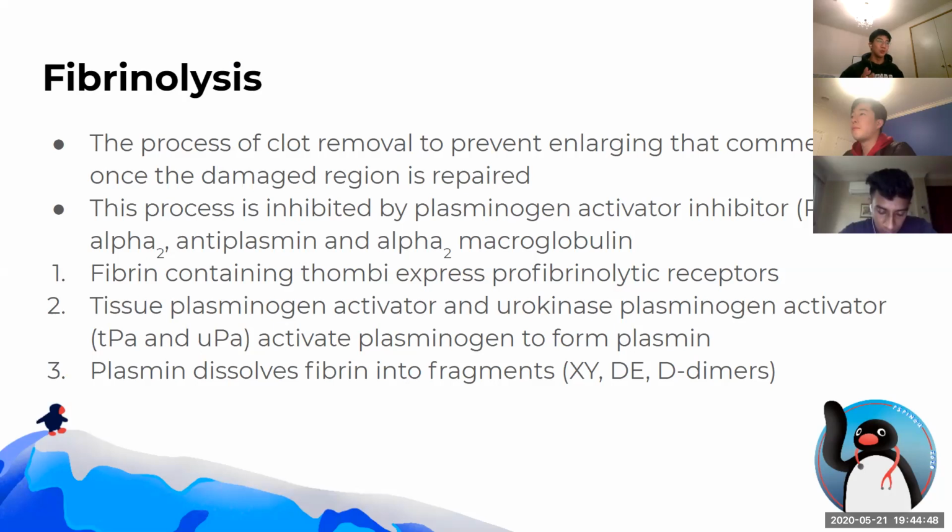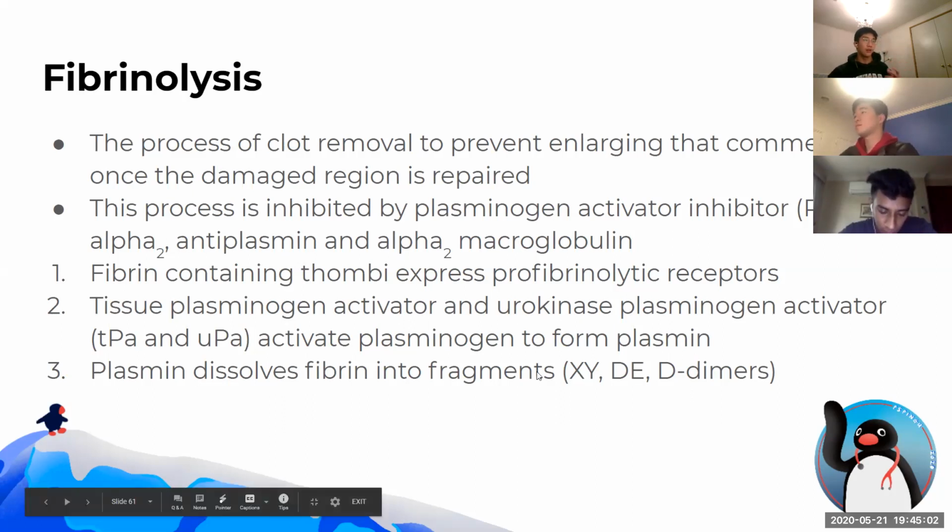And our plasmin will dissolve our fibrin. So we basically have a bunch of activators that form plasmin, and this plasmin will dissolve our clot and get rid of it. As a result, our clot will result in XY, DE, and D dimers. These are all separate, so we can actually measure these things to tell how our clotting is doing.